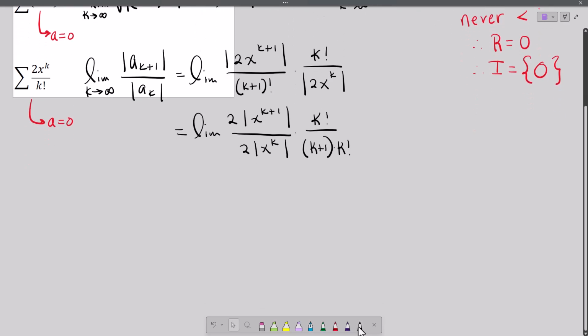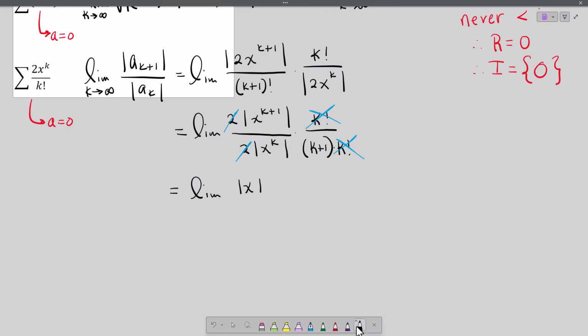Now we see some cancellation. The 2's cancel, the k factorials cancel. The x's simplify. Let's see, we have how many x's left? Well, k plus 1 minus k, we just have the absolute value of x left in the numerator. There's one extra x up top. k of them cancel.